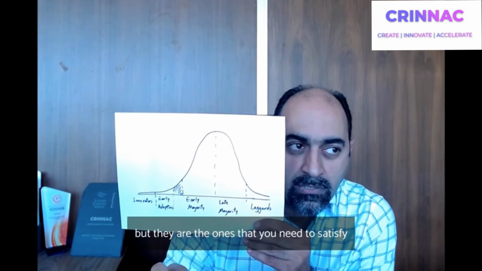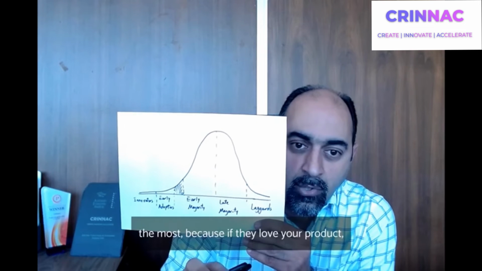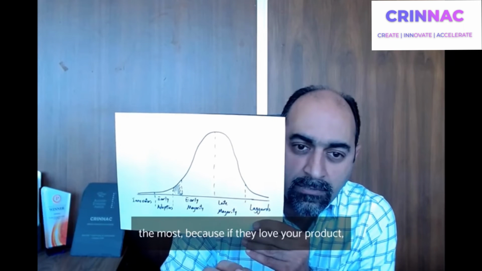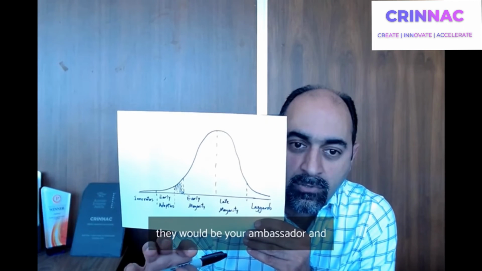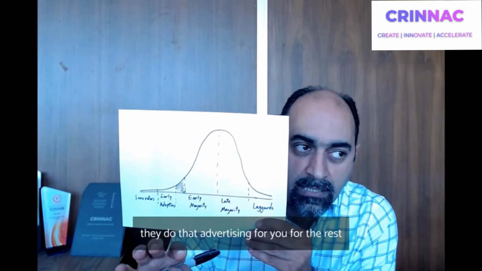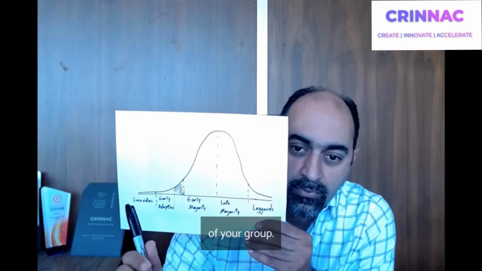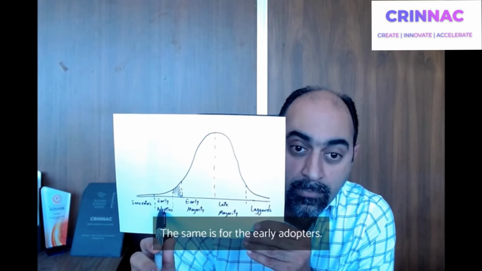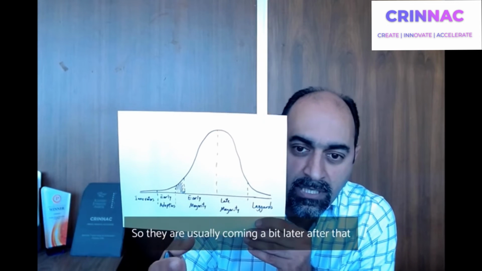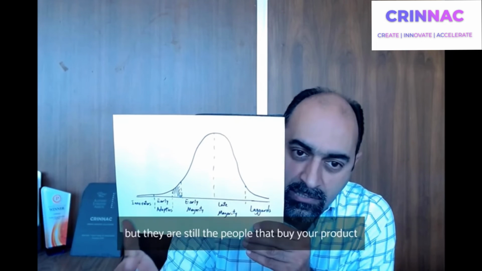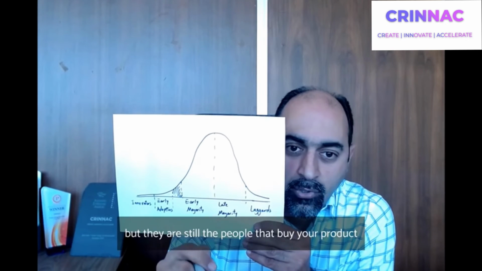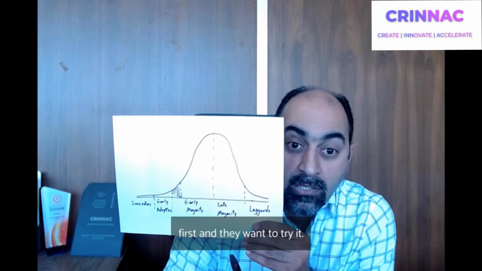But they are the ones that you need to satisfy the most, because if they love your product, they will be your ambassadors, and they will do the advertising for you to the rest of your group. The same goes for the early adopters. They usually come a bit later, but they are still the people who buy your product first, and they want to try it.